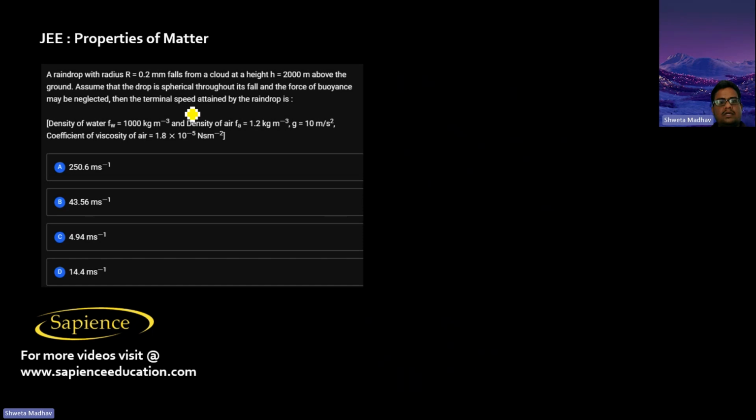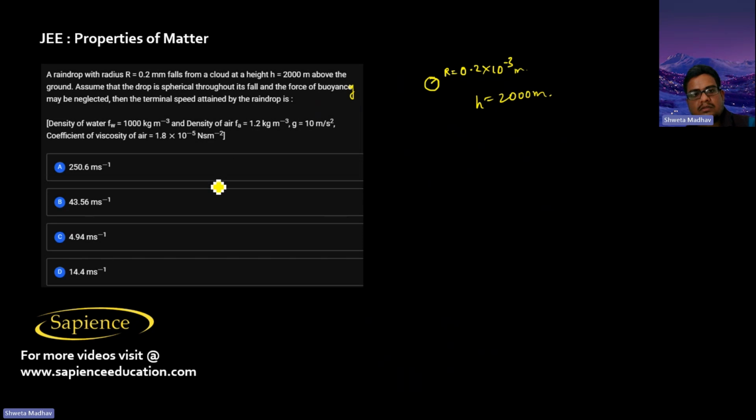Then here it is told a raindrop with radius 0.2 millimeter, that is 0.2 into 10 power minus 3 meter, falls from a cloud at a height of 2000 meter above the ground. Assume that the drop is spherical throughout its path and the buoyancy force may be neglected.